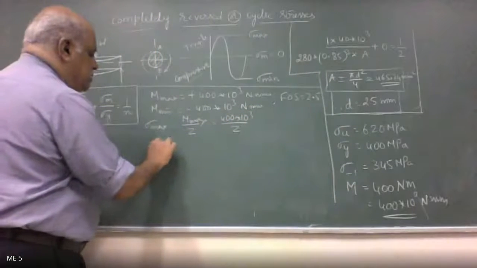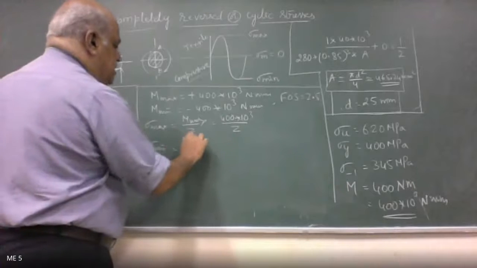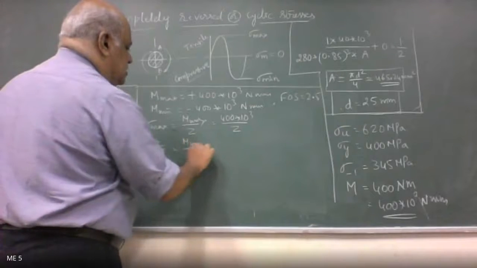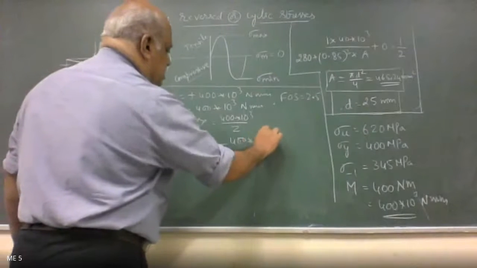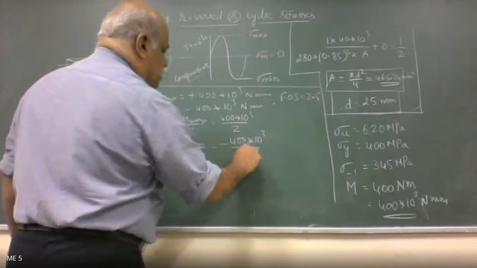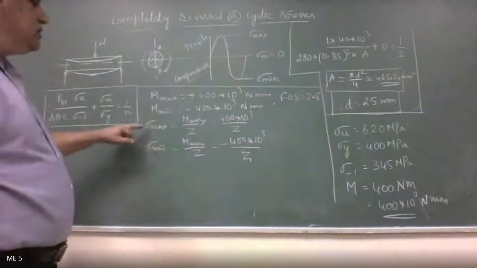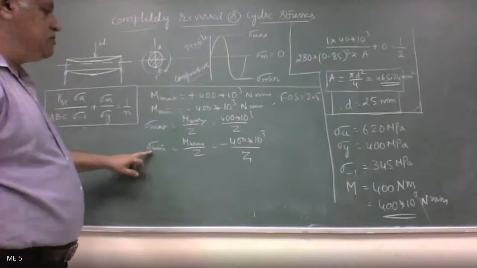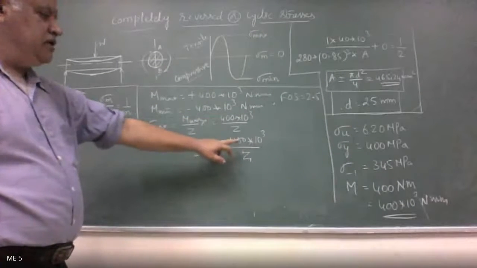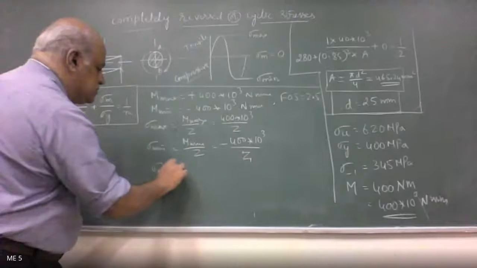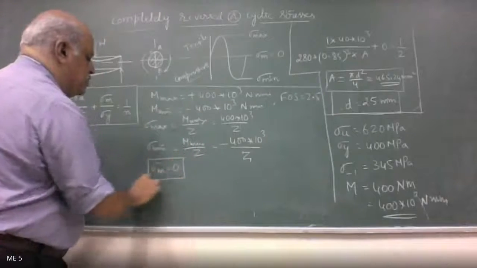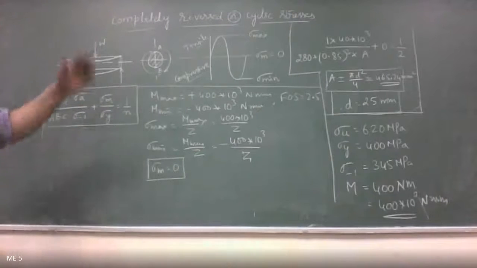Sigma minimum is equal to M minimum divided by section modulus, that is minus 400 into 10 power 3 divided by section modulus. Sigma mean is sigma max plus sigma minimum by 2. So 400 minus 400 cancels out, so the mean stress is going to be 0. This is for completely reversed cyclic loading.